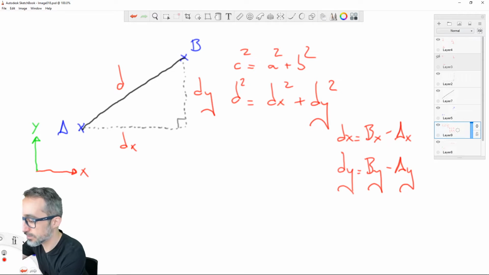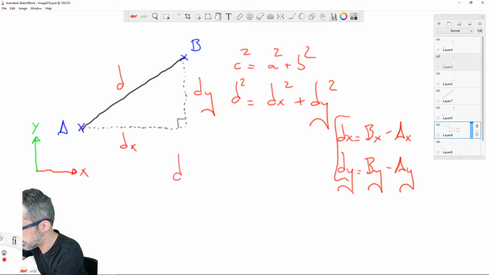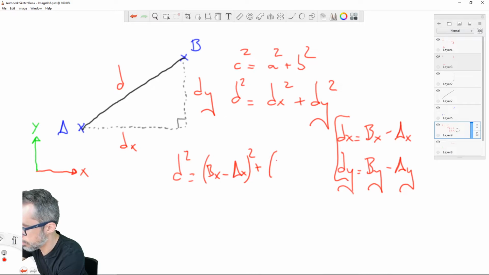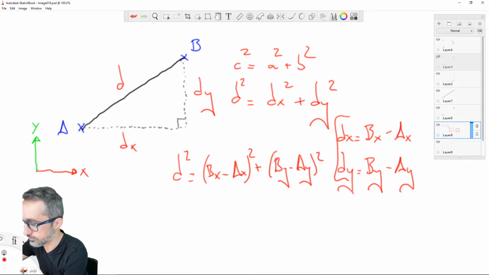So if I plug these two in here, now what I get is that distance d squared equals (bx minus ax) squared plus (by minus ay) squared.